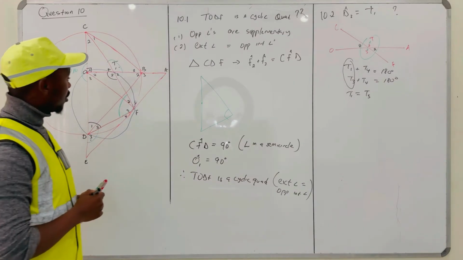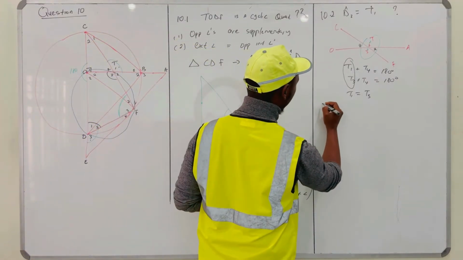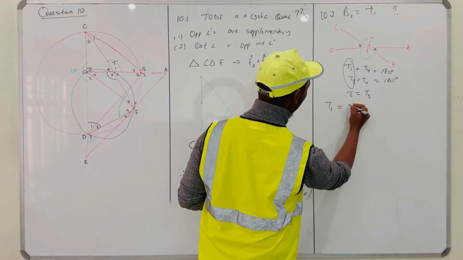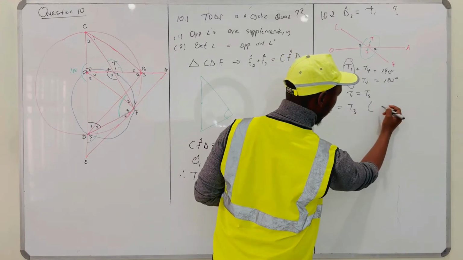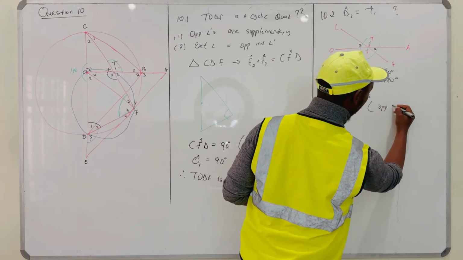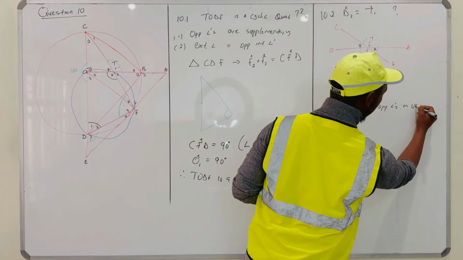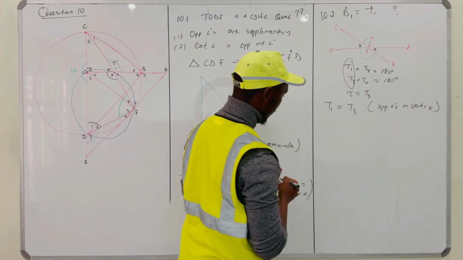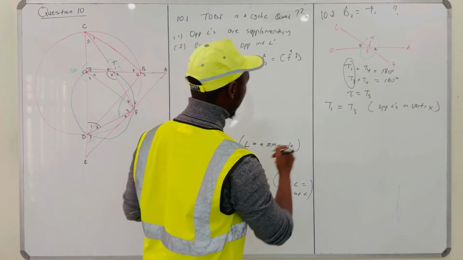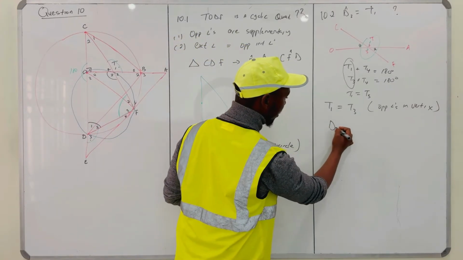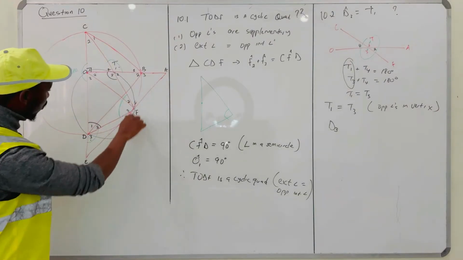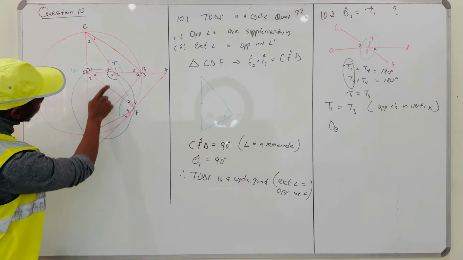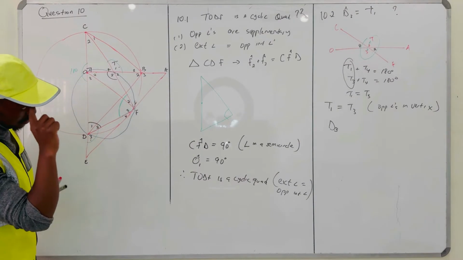All right. So if T1 is equal to angle T3, opposite angles in a vertex, but we also know that D3 is exterior to that cyclic quad, and an exterior angle to a cyclic quad needs to be equal to the opposite interior angle of that cyclic quad.